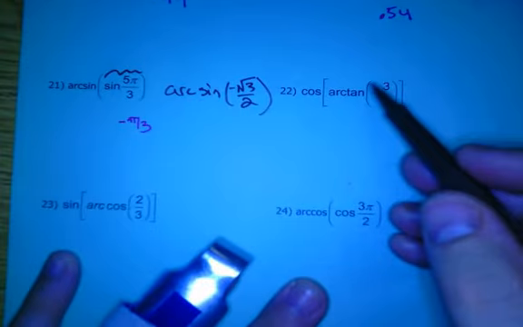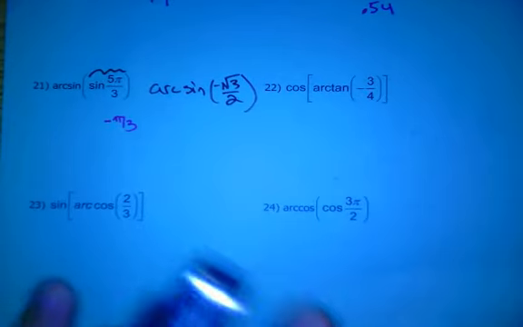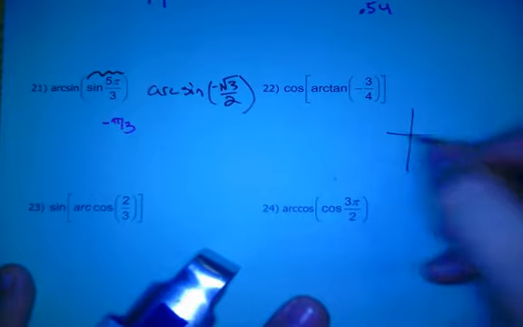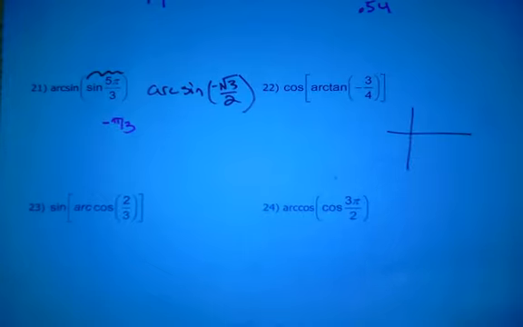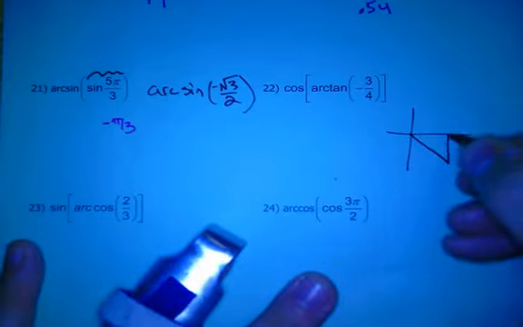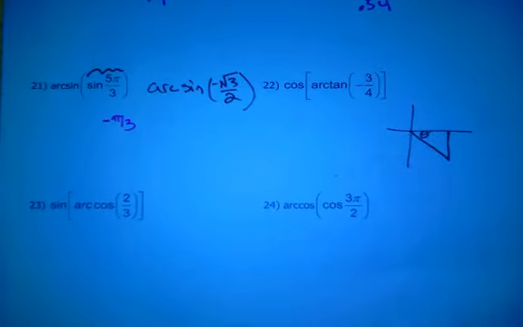For arctan of negative 3 over 4, what quadrant am I in? Arctangent can only be in what two quadrants? 1 and 4. It's negative, so it has to be in 4. Here's theta.